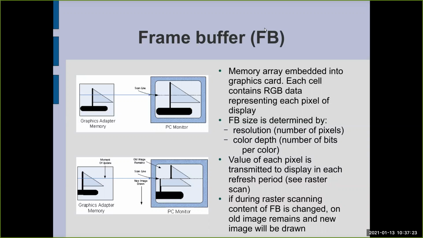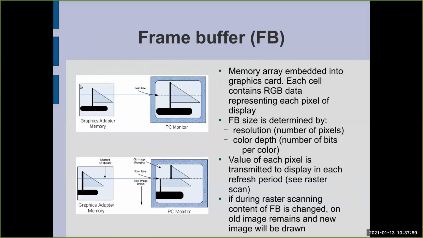So when the display wants to refresh the image, the refresh frequency depends on the display, but it's from 60 to, let's say, 200 hertz. When the display refreshes the image, it takes pixels from the graphic card's memory, which is called the frame buffer.